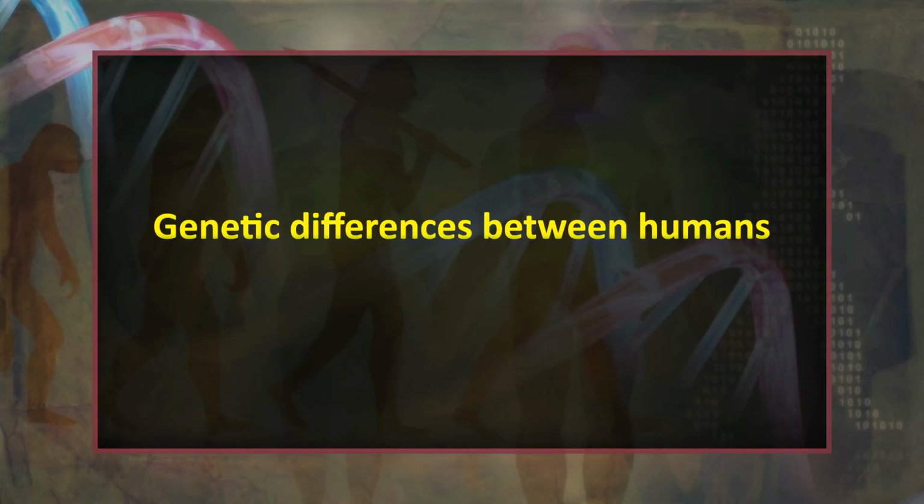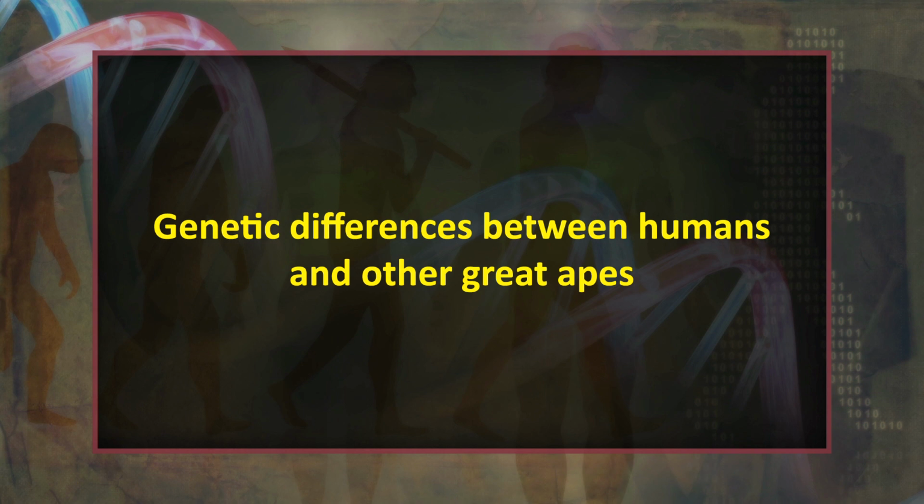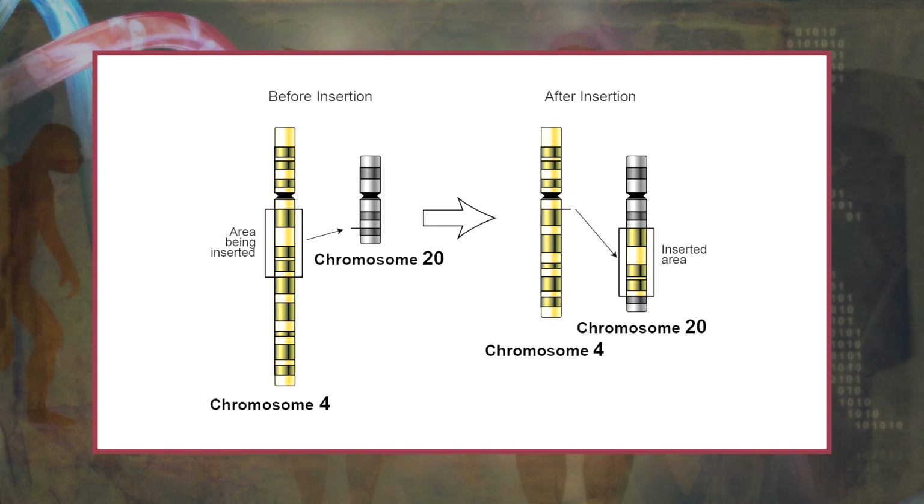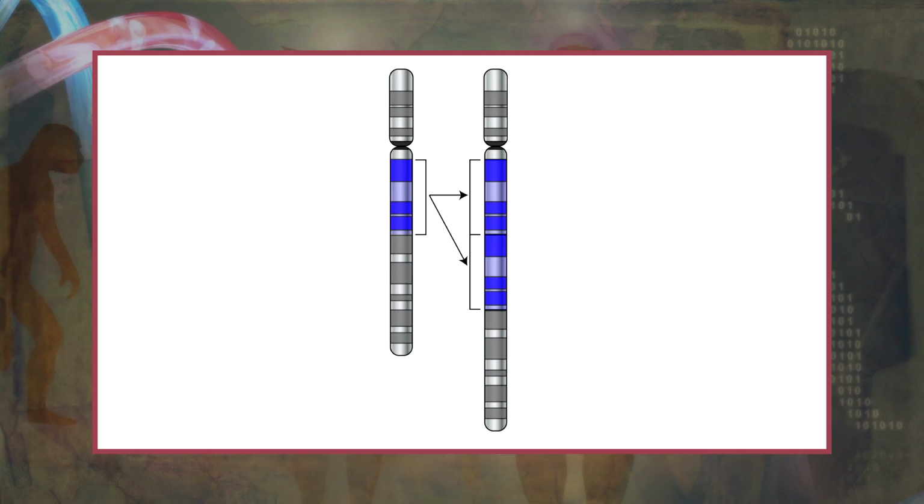Dear students, let's discuss the genetic differences between humans and other great apes. The alignable sequences within genomes of humans and chimpanzees differ by about 35 million single nucleotide substitutions. Additionally, about 3% of the complete genomes differ by deletions, insertions, and duplications.